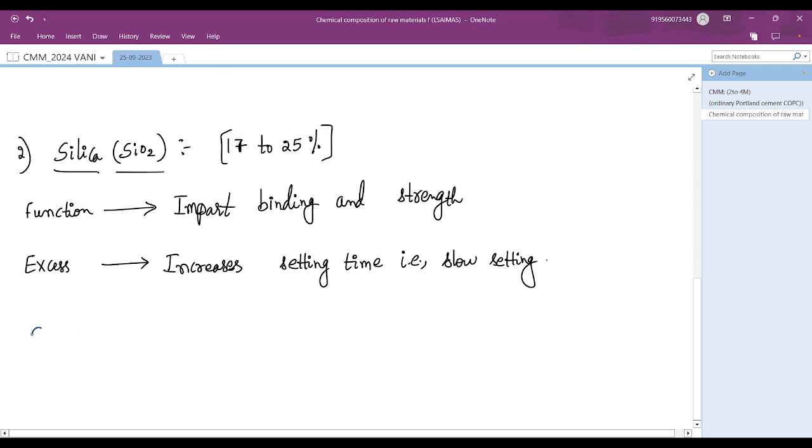So more amount of silica represents more clay. More clay further represents more plasticity.